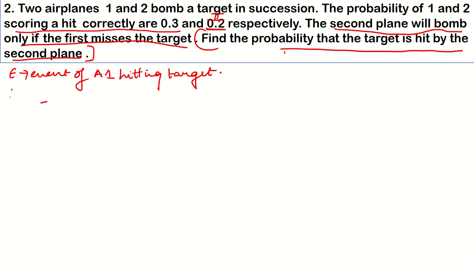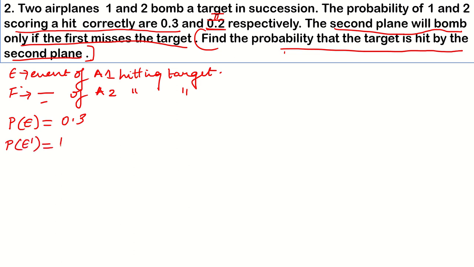Let F be the event of aeroplane 2 hitting the target. We are given the probability of aeroplane 1 hitting the target correctly, that is P of E, 0.3.